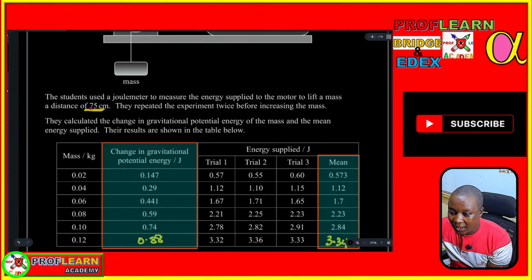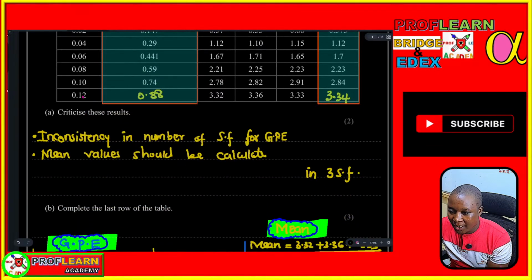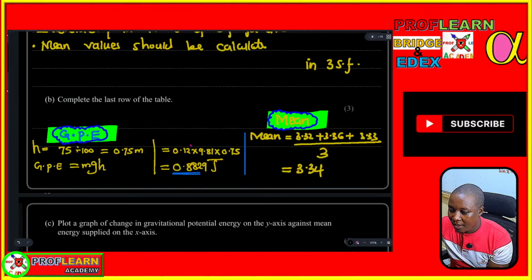Because here 75 centimeters has to be in meters. And then we have the mass, then we can say gravitational potential energy is equal to mgh, which is 0.12 times 9.81 times 0.75 in meters, and that becomes our answer in that case.